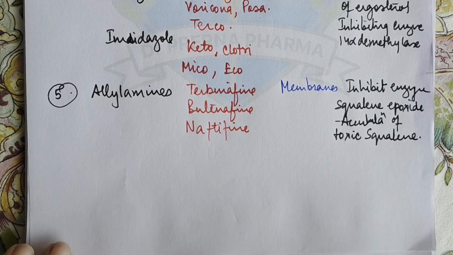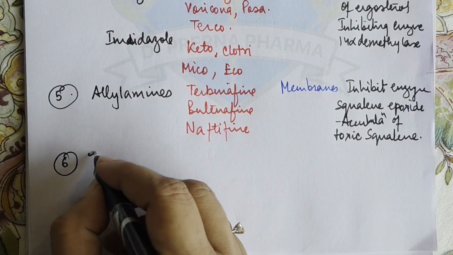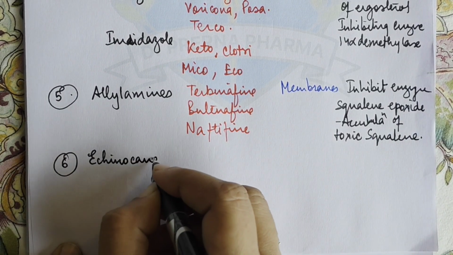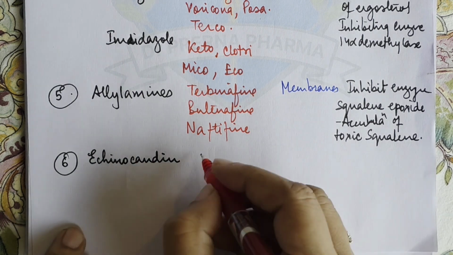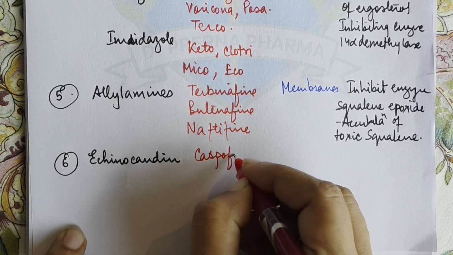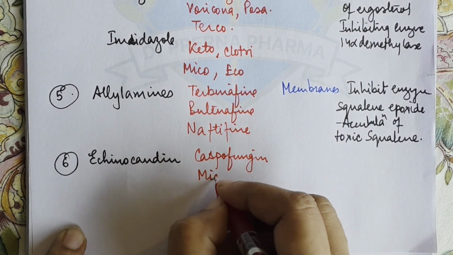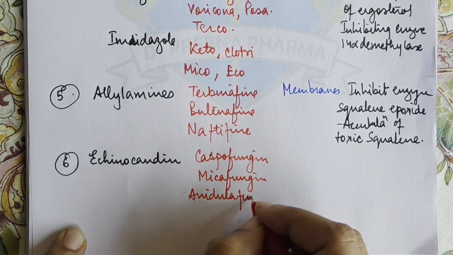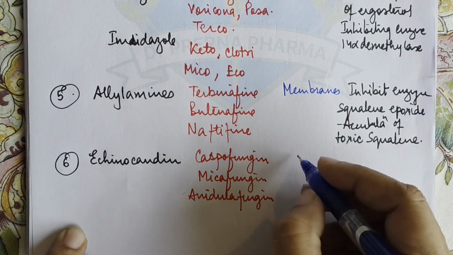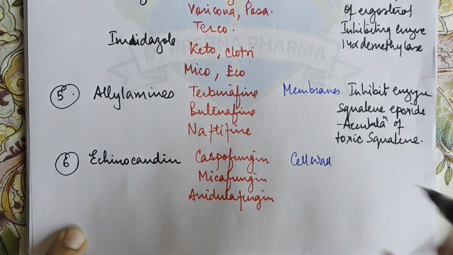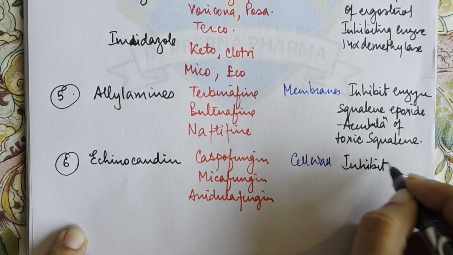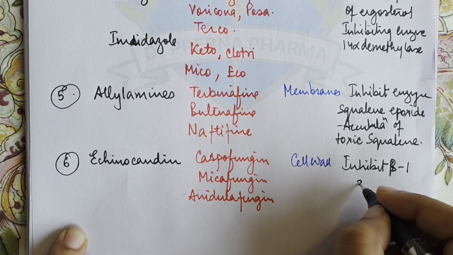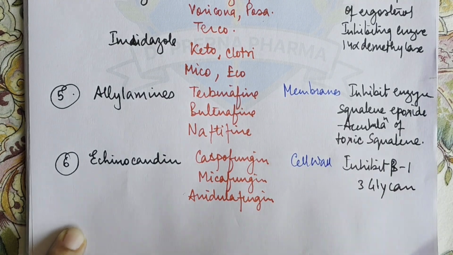Then sixth we have echinocandins. The drugs that we have are caspofungin, micafungin, and anidulafungin. These drugs act on the cell wall and they inhibit the beta-1,3 glucan. So they inhibit the formation of the cell wall.